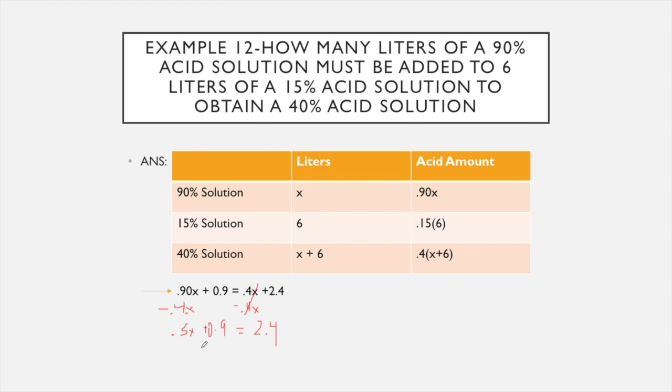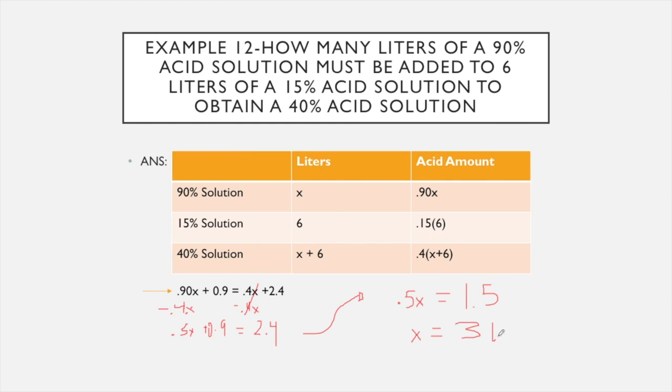We don't need that though. So we can subtract 0.9 from both sides. So we get 0.5x equals, we subtract 0.9, we get 1.5. And now the very last thing, we need to divide away this 0.5. So divide both sides by 0.5. And you can check this in a calculator. x will equal 3. So to answer the question, how many liters of the 90% do we need to add?